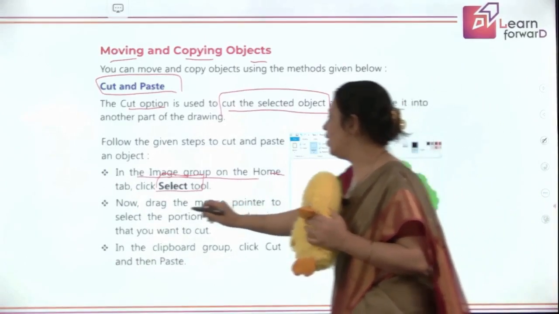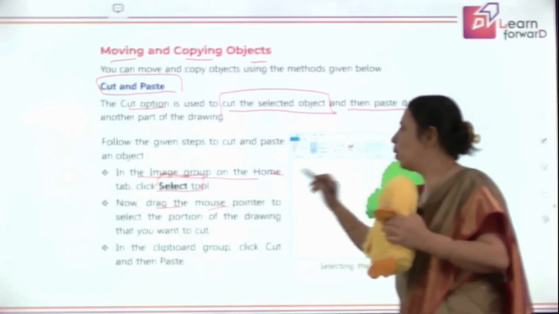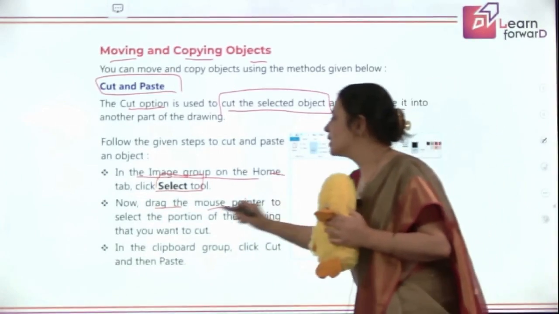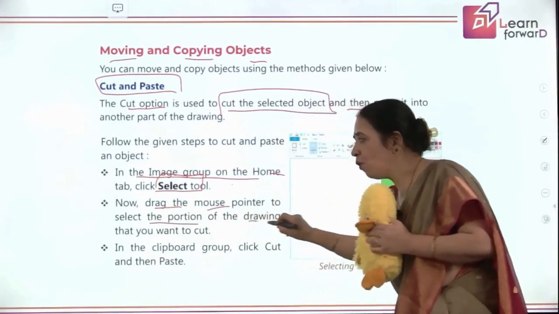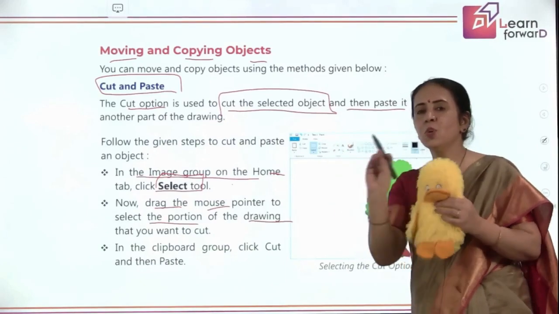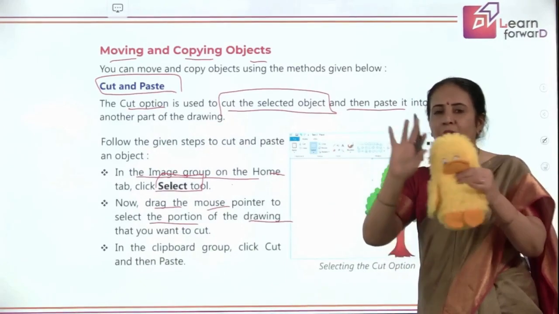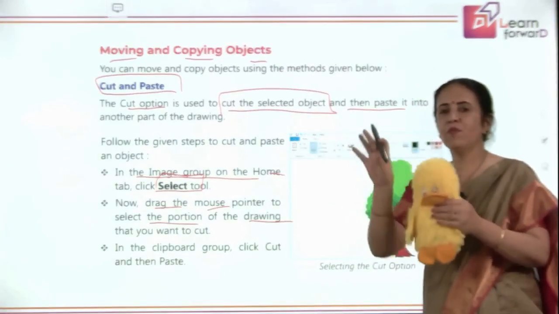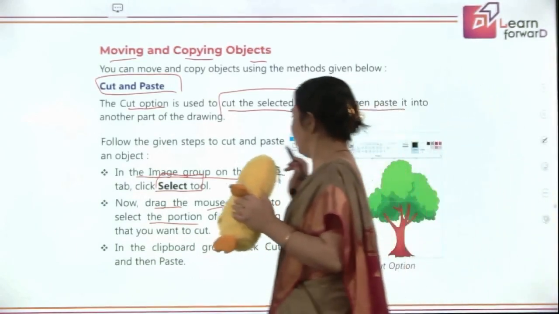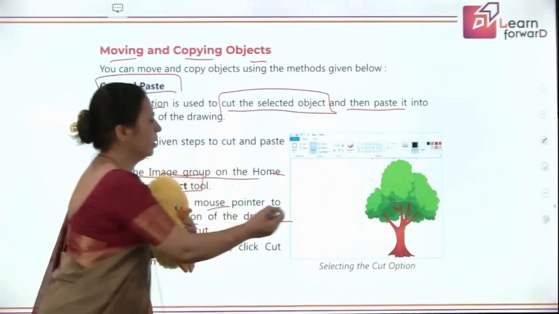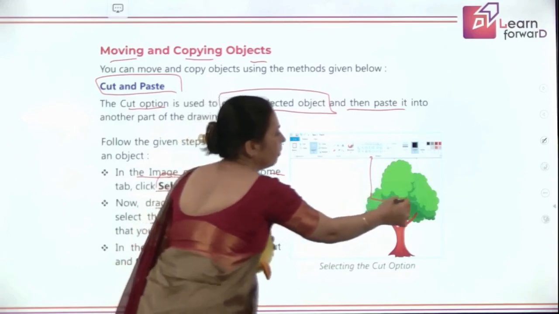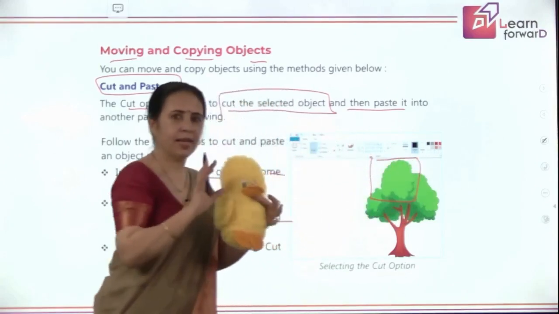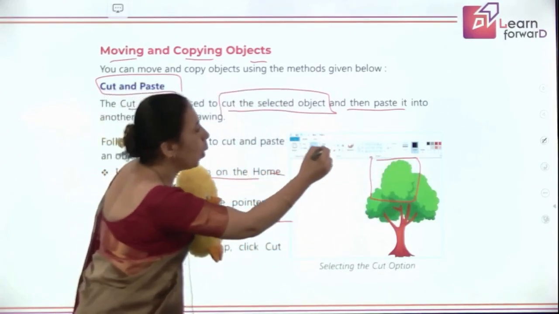Then we drag the mouse pointer to select the portion of the drawing which you need to cut. That particular part of the drawing will be selected and it will look like this. Whatever area you select will come in dotted form.